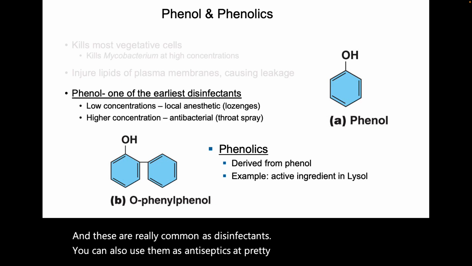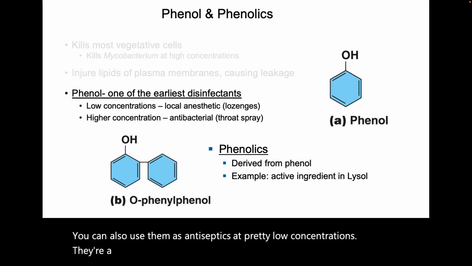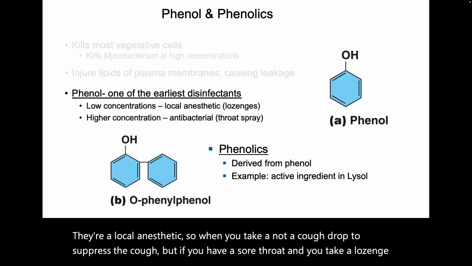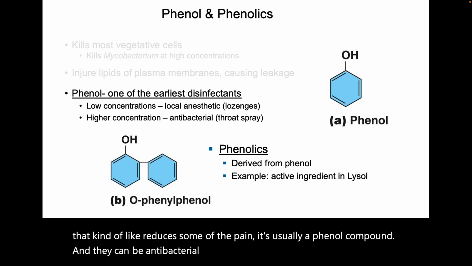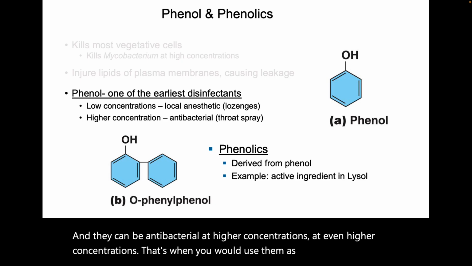They're a local anesthetic. So when you take not a cough drop to suppress the cough, but if you have a sore throat and you take a lozenge that kind of reduces some of the pain, it's usually a phenol compound. And they can be antibacterial at higher concentrations. At even higher concentrations, that's when you would use them as a disinfectant, like Lysol. Do not spray Lysol in your throat.